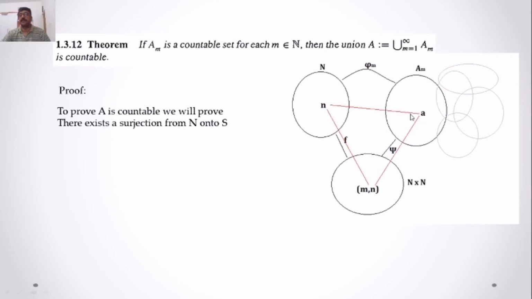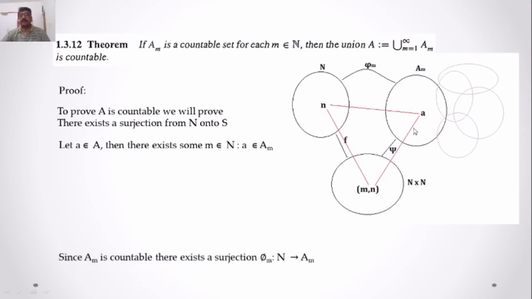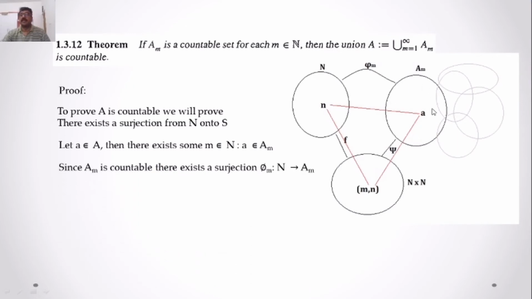You have to prove this. Now let a be in the union of the A_m. Then there exists some m such that a is in A_m, because we have taken a in the union of A_m. Therefore, a is in A_m for some m. Now, A_m is countable.